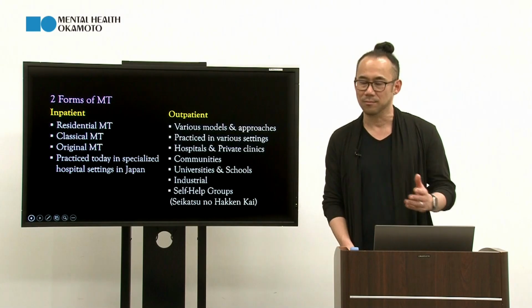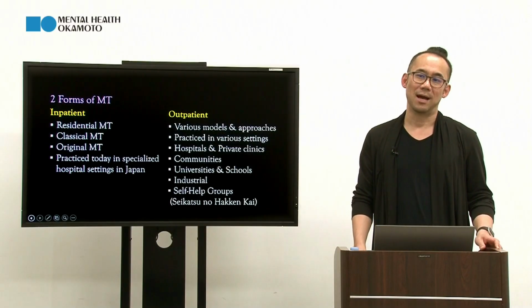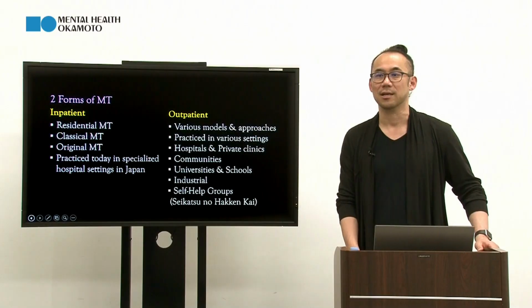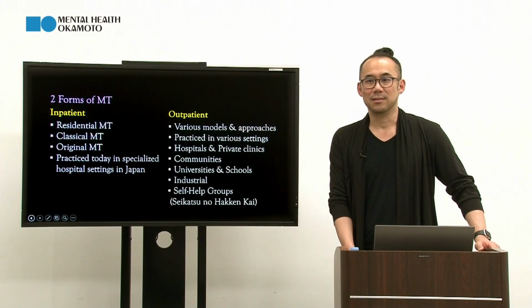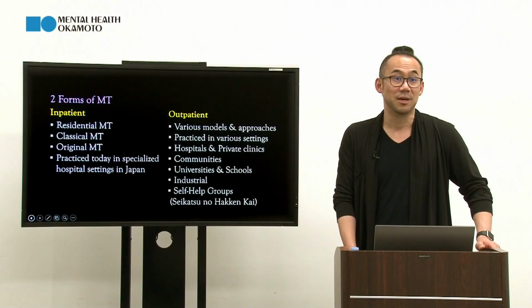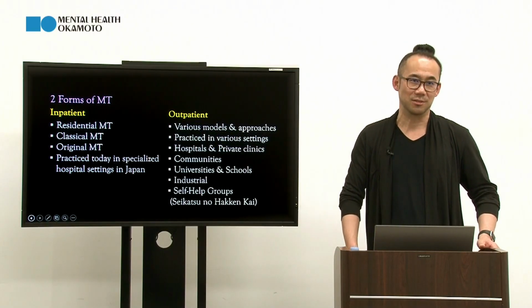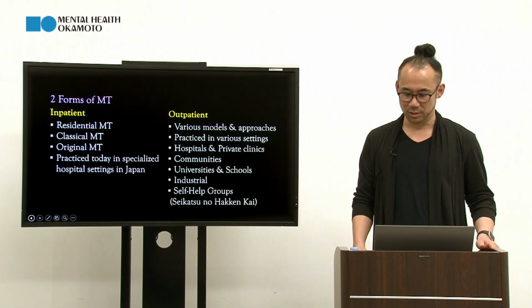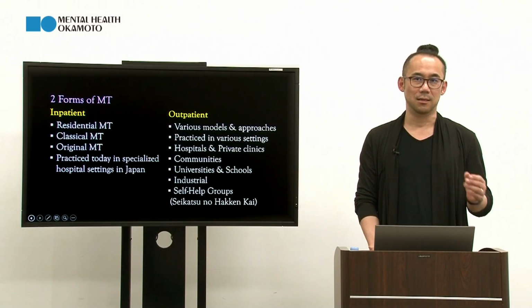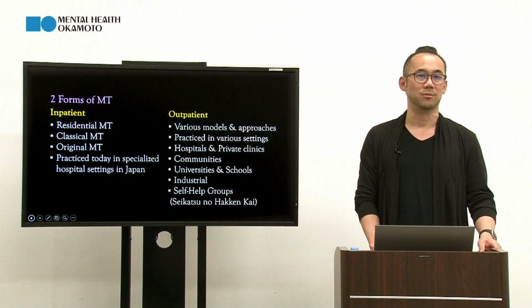It has also long been applied in self-help groups. In Japan we have Seikatsu no Hakkenkai, a self-help group developed and run by previous or current patients of Morita Therapy, which is a great asset in Morita Therapy. So, there are two forms of Morita Therapy.